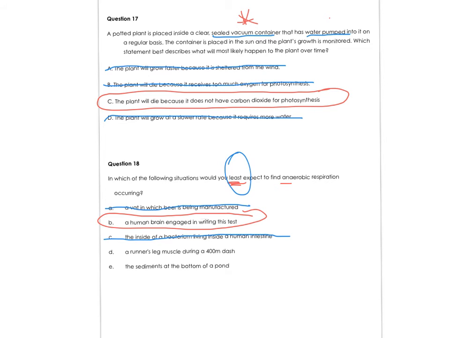A runner's leg muscle during a 400-meter dash. 400 meters is a long time. Even the best athletes, when they're pushing it to go as fast as they can, are going to be out of breath after a 400-meter dash. They're doing anaerobic respiration in those muscles. So I'm going to say I would expect it to happen there.